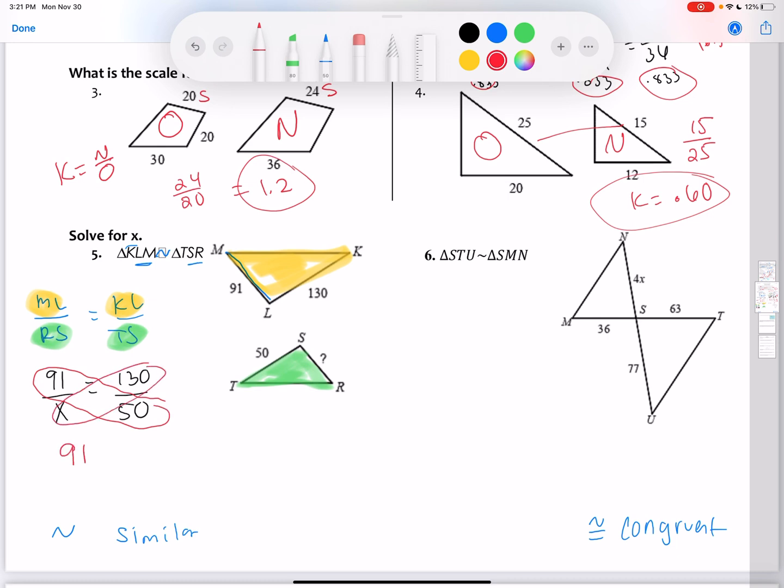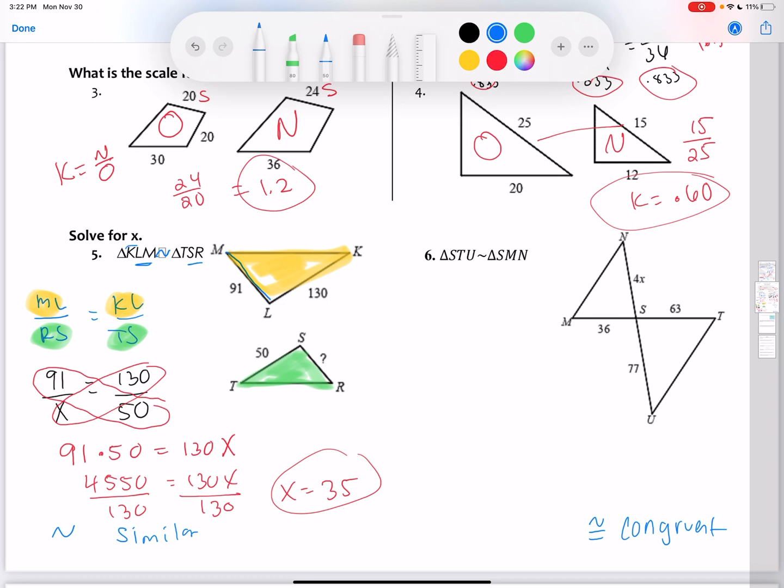So I'm going to do 91 times 50 equals 130x. Okay, so 91 times 50, it's a big number, 4,550 equals 130x. Divide by 130 on both sides. X equals 35. So you're setting up these proportions to help you solve for those missing sides.